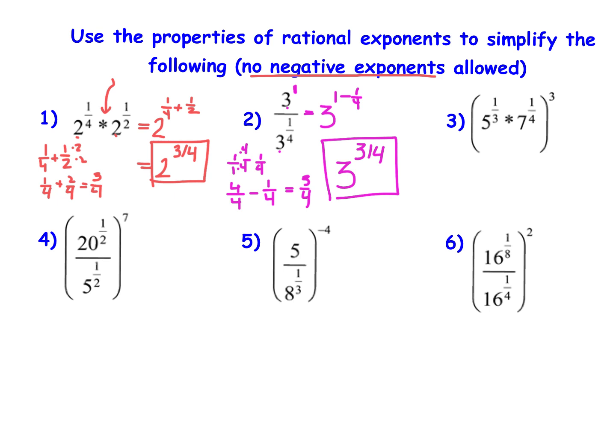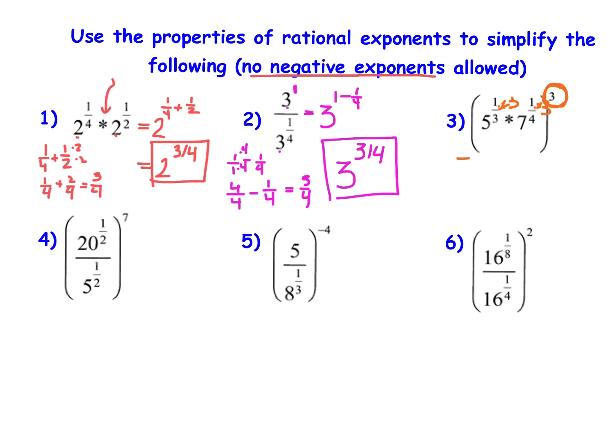Now this next one here I can see is a case where I have powers raised to powers because I have a set of parentheses and a power raised on the outside. So remember, when we have powers raised to powers, we're going to take each of these exponents and multiply them by that power on the outside, which is 3.